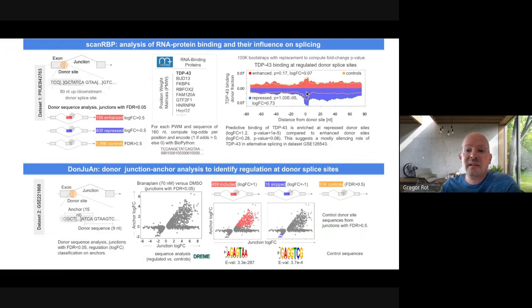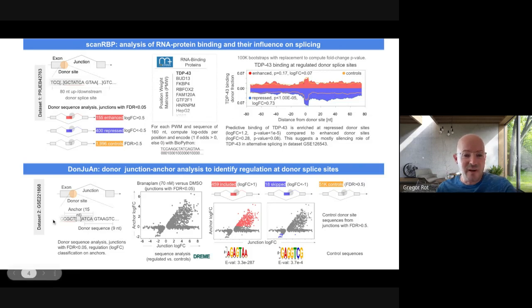And here in the middle, we have the donor splice site, and again in blue repression and in red enhancement. And you see, which is also very well known for TDP43, that compared to controls here in yellow lines, binding of TDP43 prevents donor splice site usage.